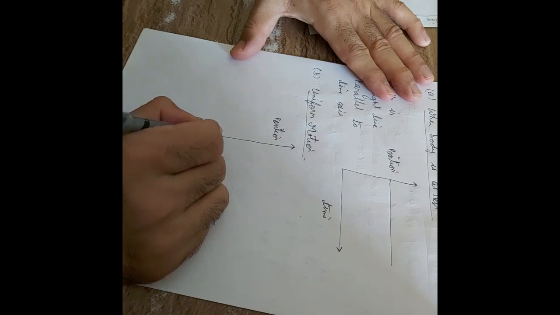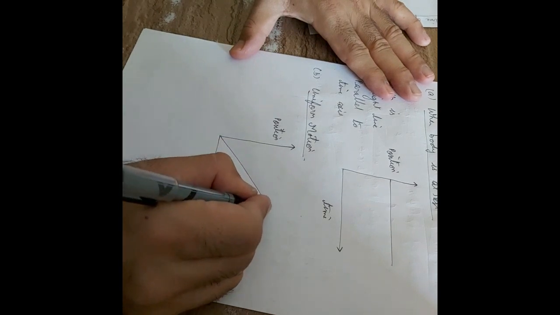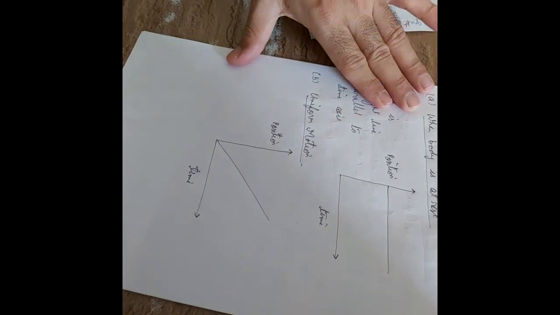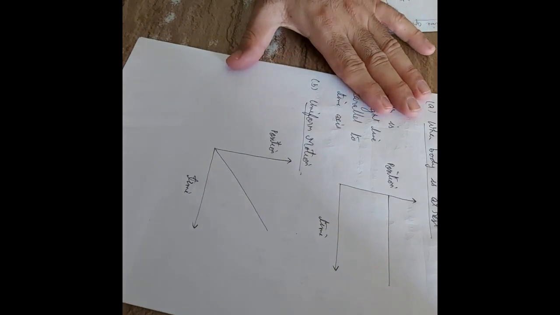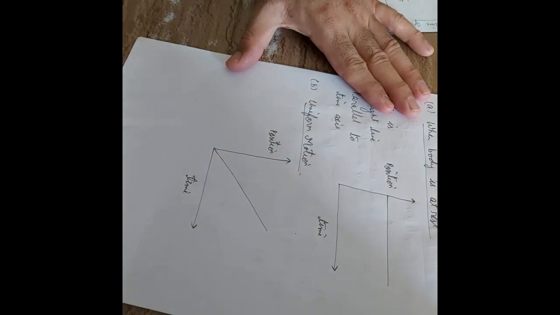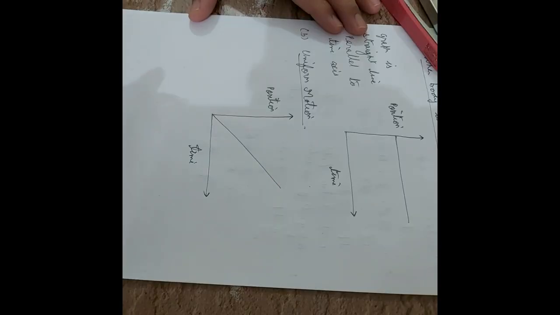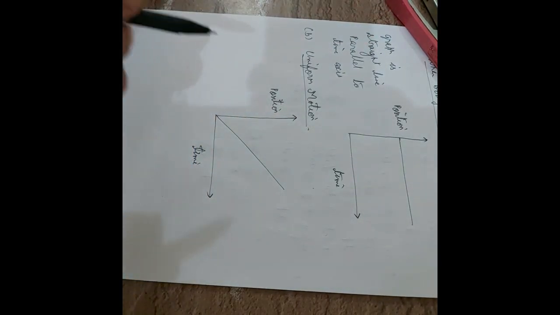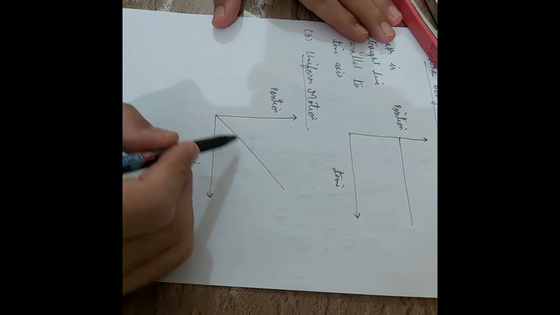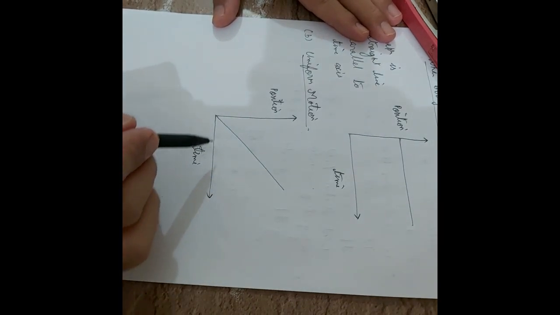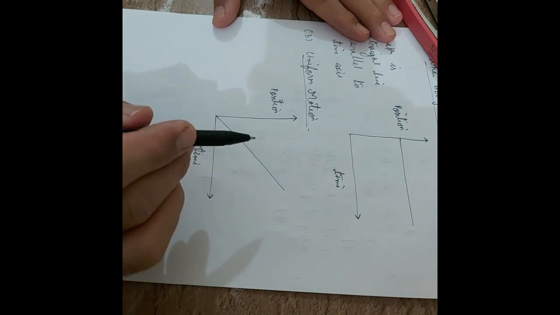For uniform motion, the graph will be a straight line. You can check it out. The graph will be a straight line because its velocity is remaining the same. Just like in the distance time graph, the uniform motion was a straight line. Similar is the graph in case of position time graph, because position is changing with time.